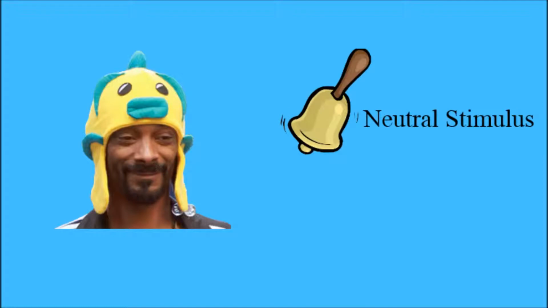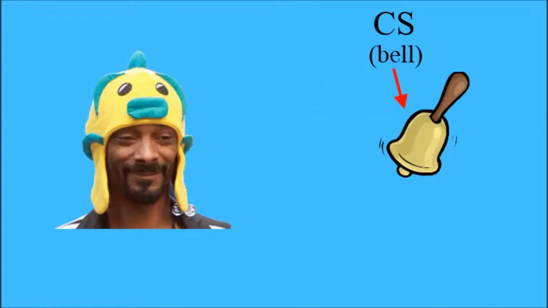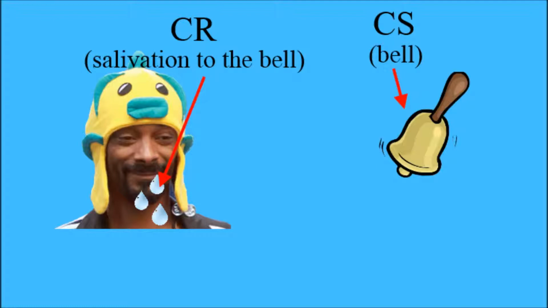Second, we have the neutral stimulus. In Pavlov's example, the neutral stimulus is the bell. Lastly, we have the conditioned stimulus, the CS, and the conditioned response, the CR. Once the dog has been conditioned to salivate at the ringing of the bell, the bell becomes the conditioned stimulus, and the salivation becomes the conditioned response.